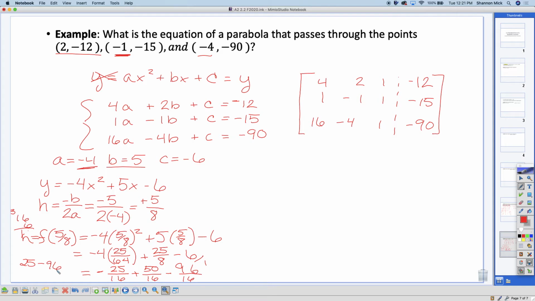So then that would be negative 71 over 16. And that doesn't reduce. So here's my H, and here's my K. So what's my vertex? 5/8 and negative 71/16. Now we're not going to graph that particularly, thank God.